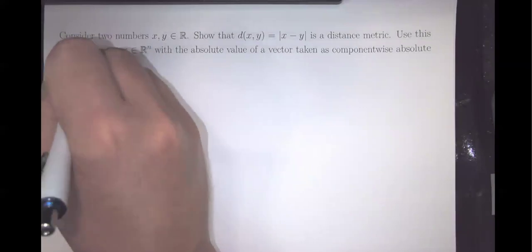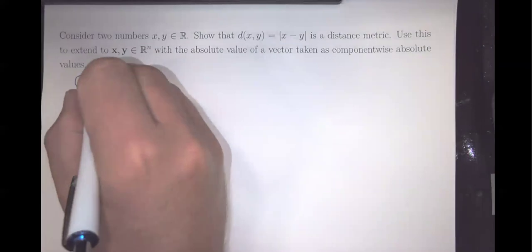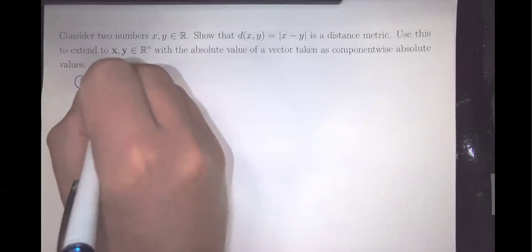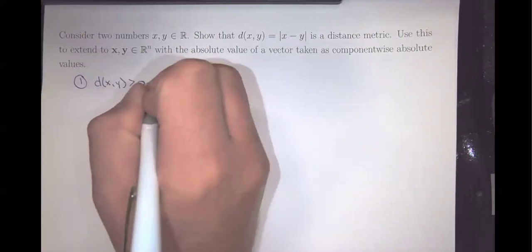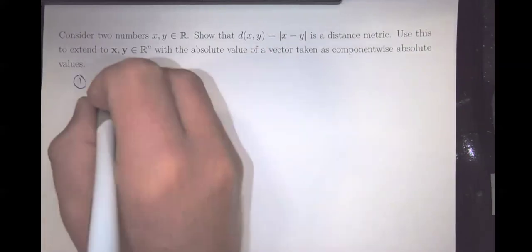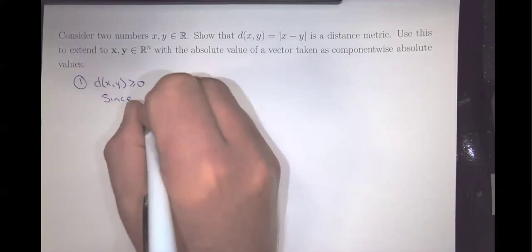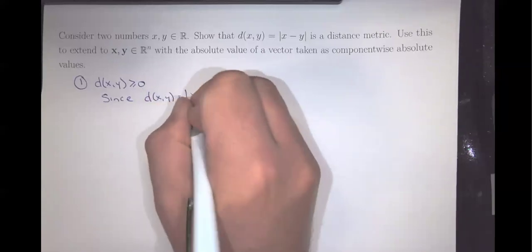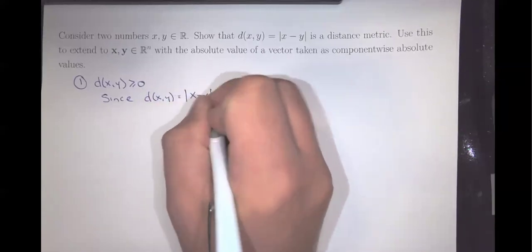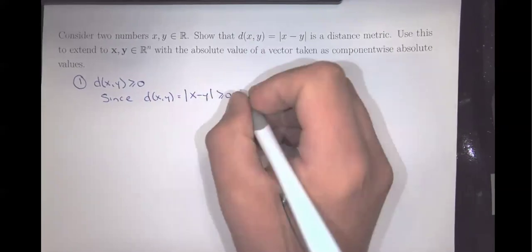Okay, so the first property we need to show is non-negativity. We need to show that the distance between x and y is greater or equal to 0. Well, since the distance between x and y is equal to the size of x minus y, and this absolute value is always greater or equal to 0, the property holds.